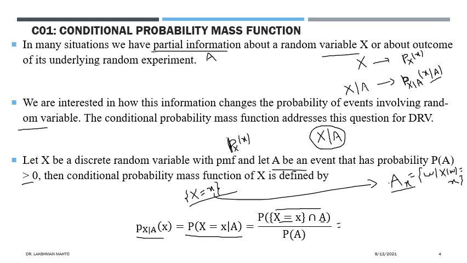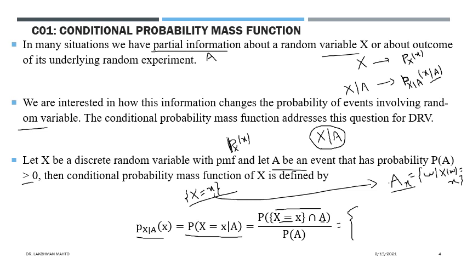Now tell me, if you try to express this conditional probability mass function and relate it with the prior probability mass function p of x, how can you denote it? Can anyone give an idea? Just use the bifurcation rule here. There are two situations.